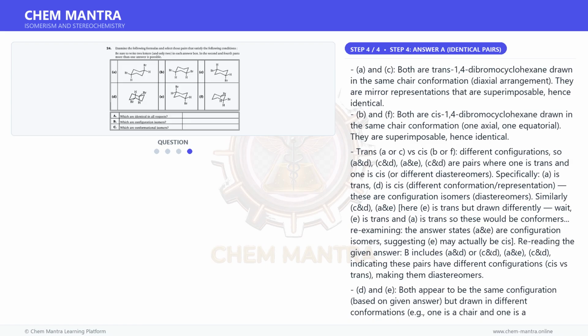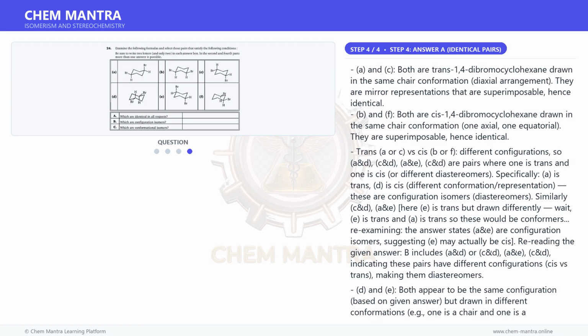Wait, E is trans and A is trans, so these would be conformers. Re-examining, the answer states A and D are configuration isomers, suggesting E may actually be cis. Rereading the given answer, B includes A and D, or C and D, indicating these pairs have different configurations, cis versus trans, making them diastereomers.